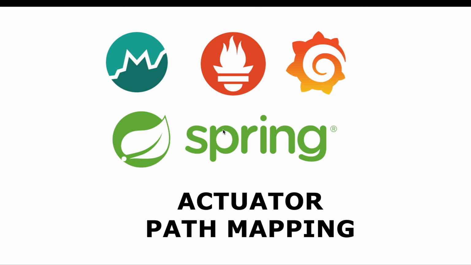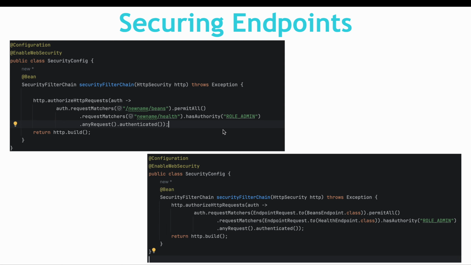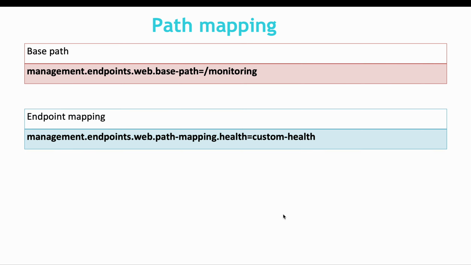You want your own path because of maybe company policy or security, whatever reason you want. So I have already explained this. So this second approach is the one recommended by Spring because it's endpoint or base path agnostic. When you change the path, it's not affected.